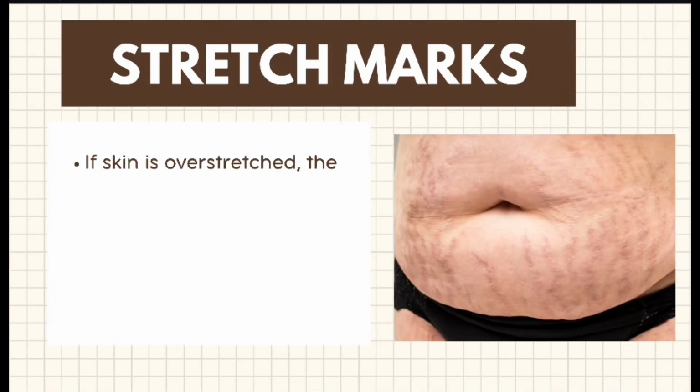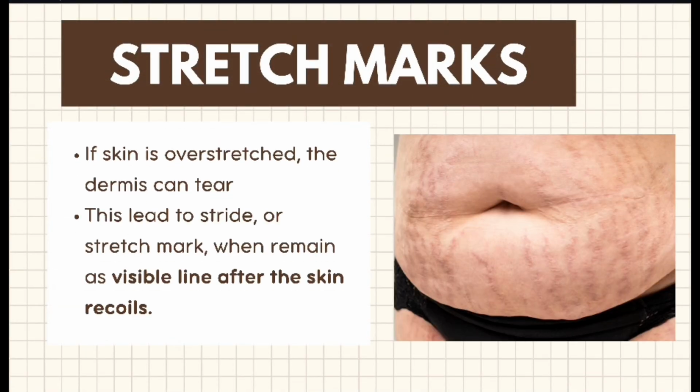Next is stretch marks. Stretch marks happen when the skin is stretched too quickly, causing the underlying dermis to tear. This often occurs during rapid weight gain, pregnancy, puberty, or due to medical conditions and steroid use. Since the dermis contains the skin's elastic and collagen fibers, it plays a key role in how the skin expands and contracts.